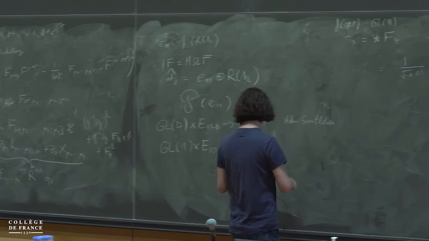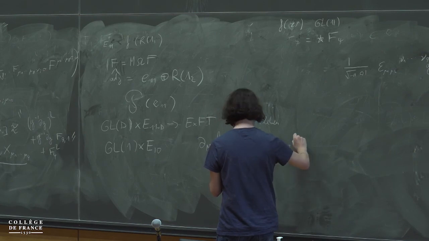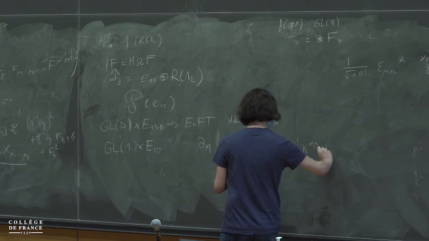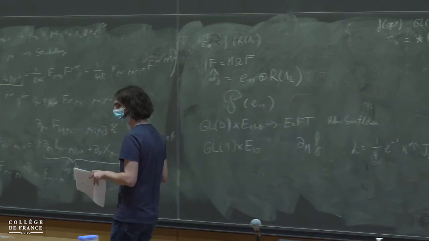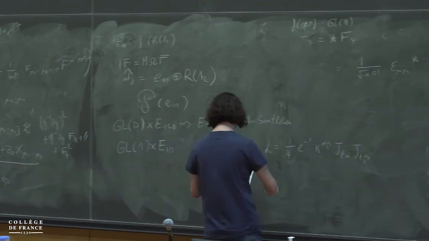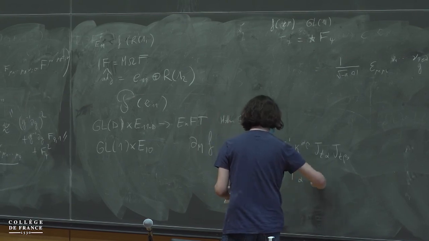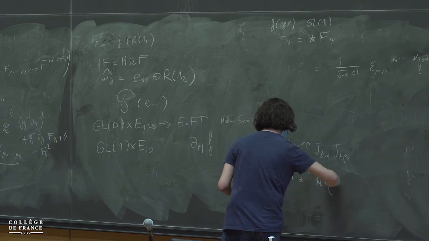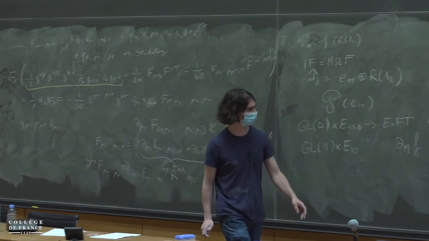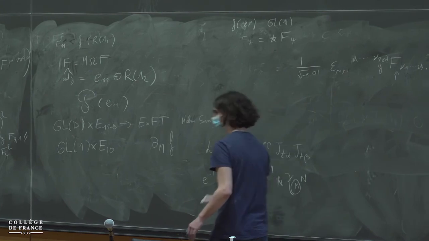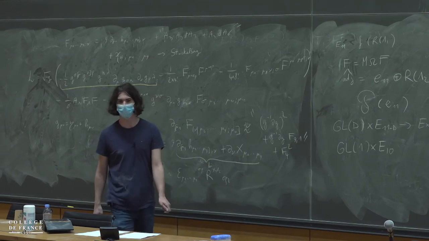And what one obtains, at least in a very naive sense, is that the Lagrangian can reduce to the nonlinear sigma model for E10, but with one additional constraint, which is related to those constraint fields, which tell us that E^{-1}J_α is equal to T_α^{Mn} π_{Mn}. So this may sound like a constraint that does not give anything, but because of the constraint index, that gives an algebraic constraint on the corresponding current.